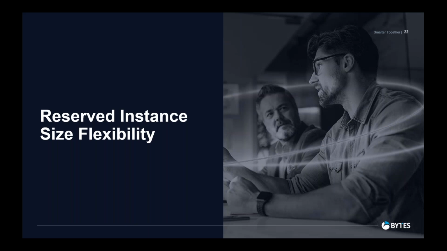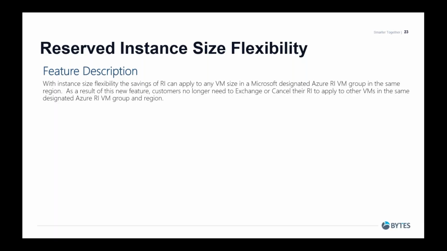There's also reserved instance size flexibility. With a reserved virtual machine instance that's optimized for instance size flexibility, the reservation you buy can apply to the virtual machine sizes in the same instance size flexibility group.